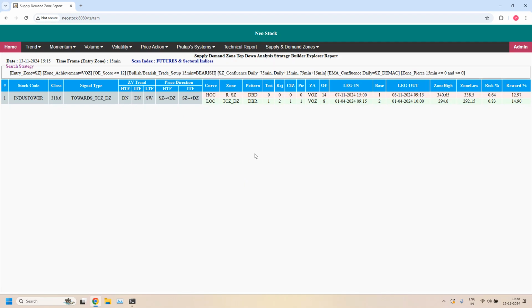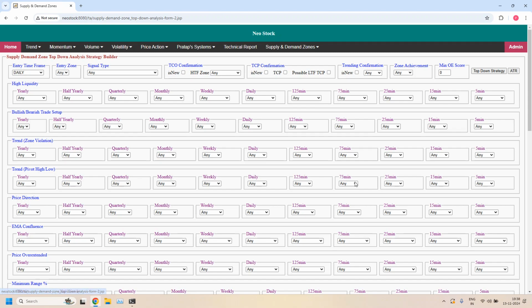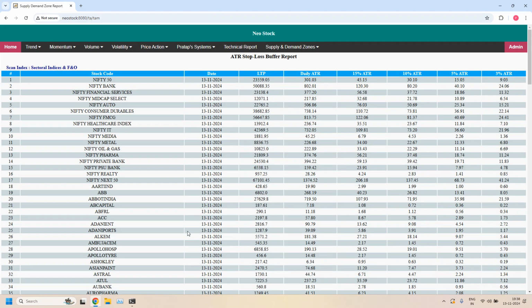Okay, this is about the bearish trade setup for daily income trade, and for the final report, let us generate stop buffers based on daily ATR. The first 17 in this list are indices and the remaining are all equity stocks.